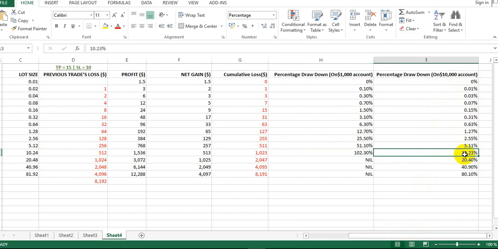That's fine, and it's not as if you lose it. You just lose it on the way to making like 5% profit total. So this is the loss on the way to profit.